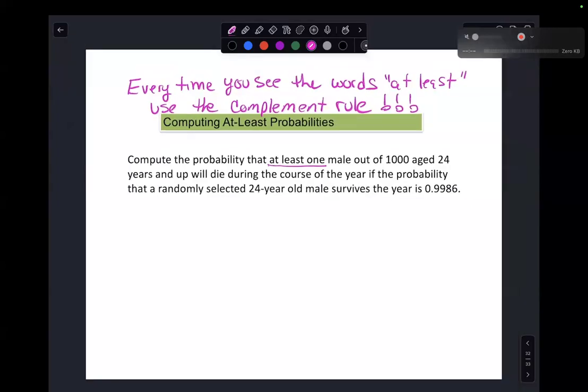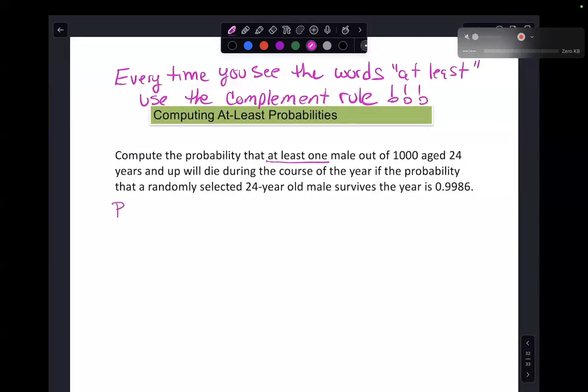So the probability at least one dies is the same thing as the probability not 1,000 live. So we're looking for the probability that not all 1,000 live.